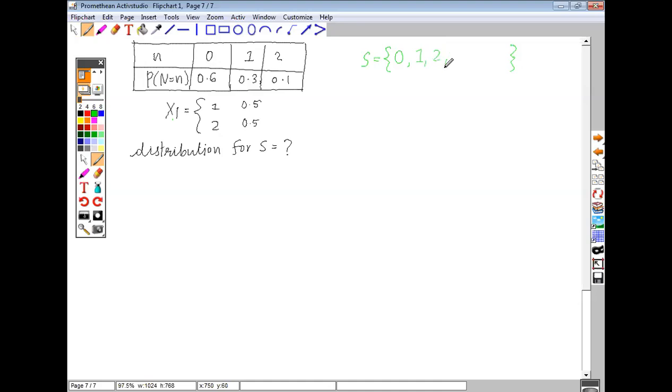Exactly. And now if you have incurred 2 claims, what can be the values for S? 1 and 1, 1 and 2, 2 and 1, 2 and 2. So if it is 1 and 1, then what will be my S?